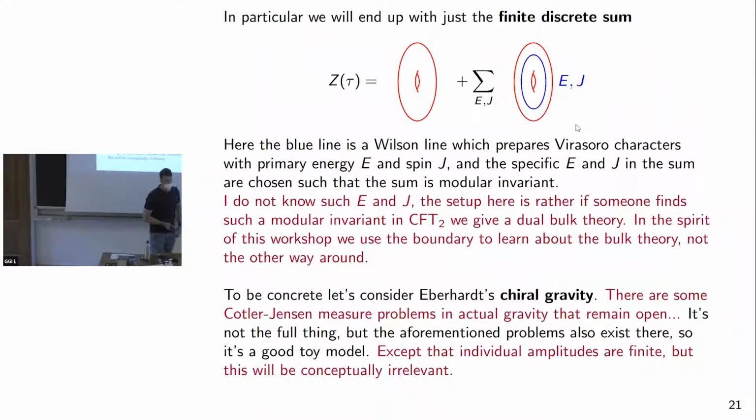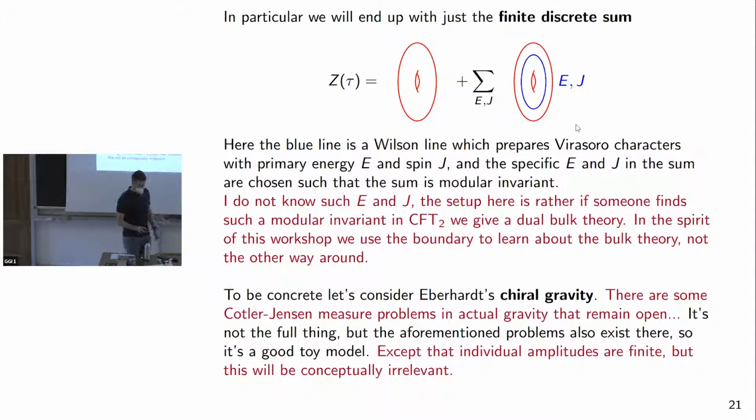Again, this is not something that you derive from the bulk, but the game I want to play here is, suppose that you made a major breakthrough and you found a 2D CFT which has a vacuum and then a bunch of discrete spectrum of black hole states with certain spins. That would be amazing. I don't know how to do that, but the question I want to ask is, if such a theory is found, is there a bulk dual that is close to just regular gravity?